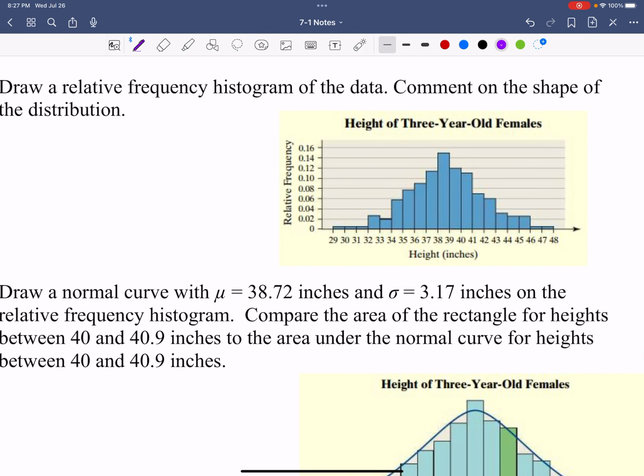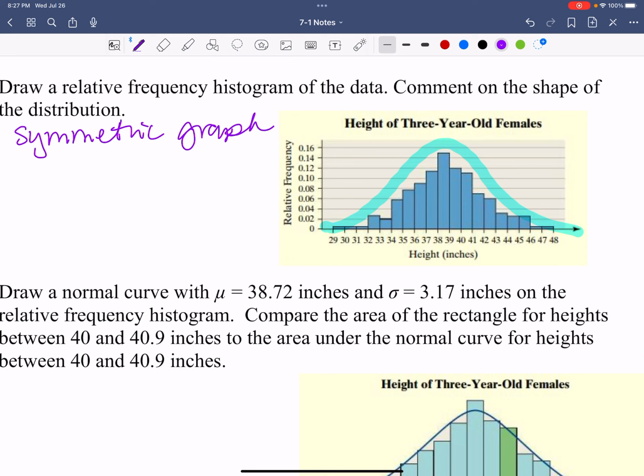Remember, right skewed, left skewed, bell shaped, symmetric. Those words mean the same. What do you think this one is? Yeah, I agree. Looks pretty bell-shaped to me, doesn't it to you? So it would be considered a symmetric graph, which is bell-shaped.